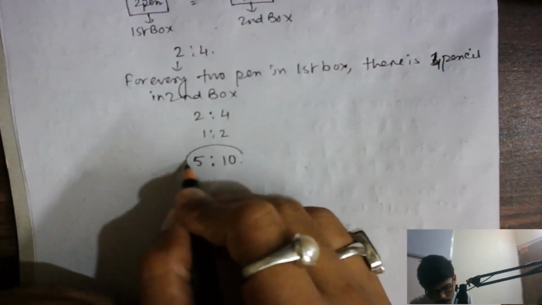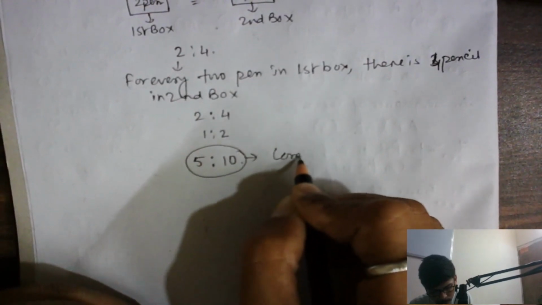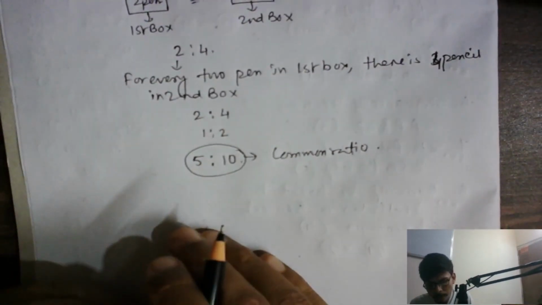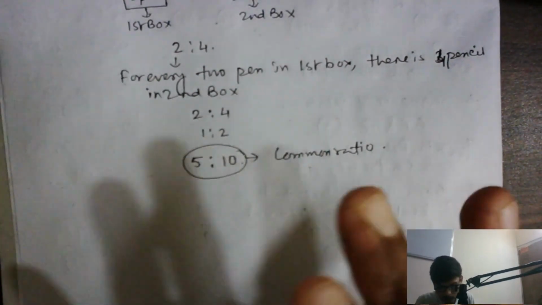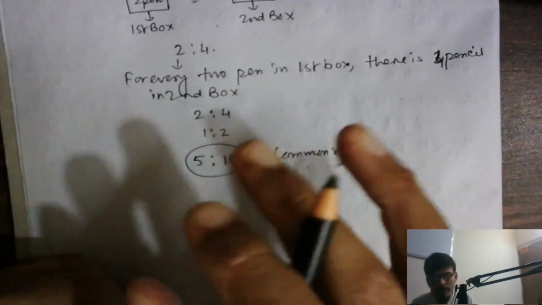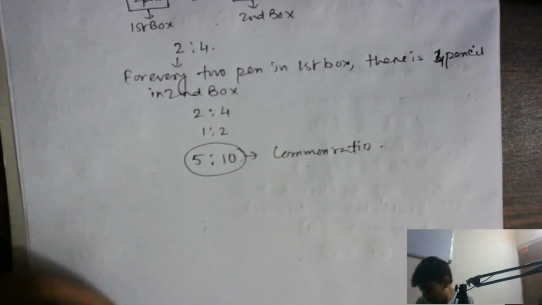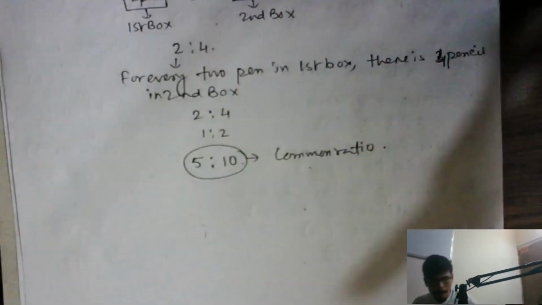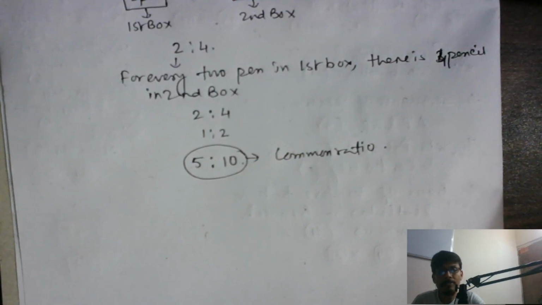That is what is called common ratios. We are coming to the latter part. This is the understanding of the ratio chapter, the first thing that we need to understand. I believe that is very easy, correct? It's very, very easy.